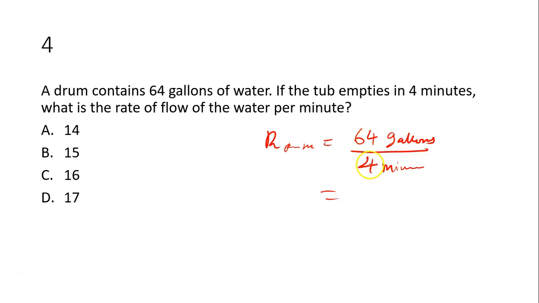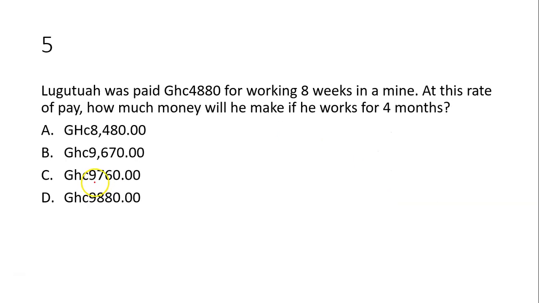So 64 divided by 4 will give you what? 16. So it means that the tap flows 16 gallons per minute. Okay, so the correct answer for question 4 is C. Let's proceed to the next question.